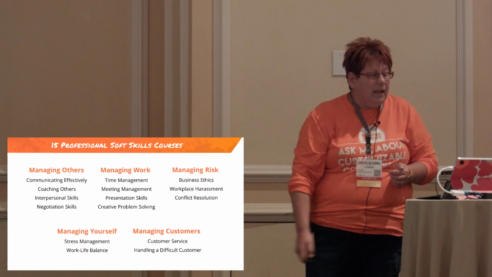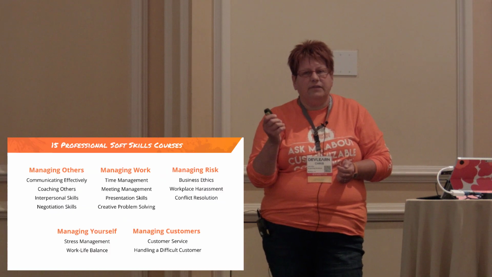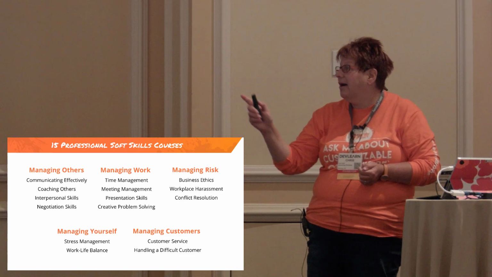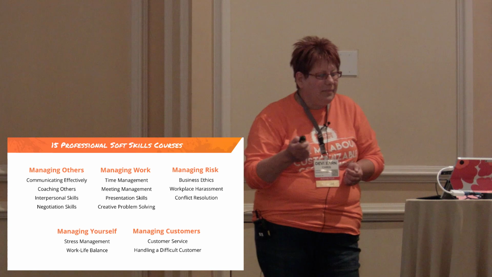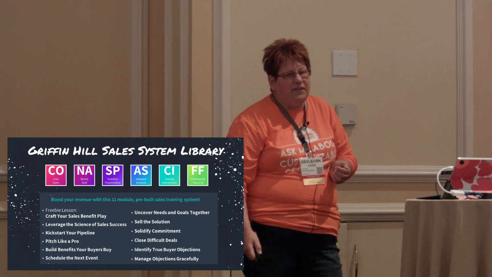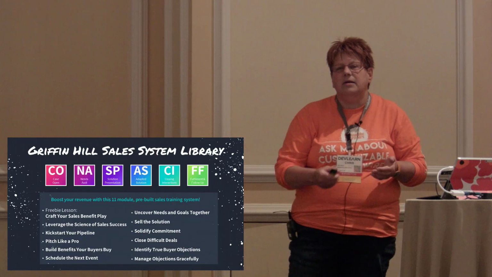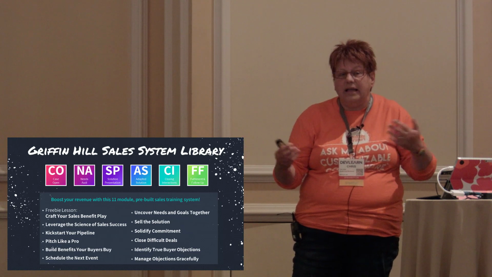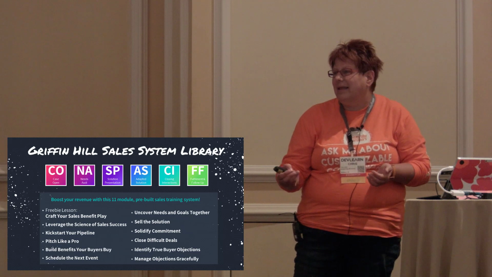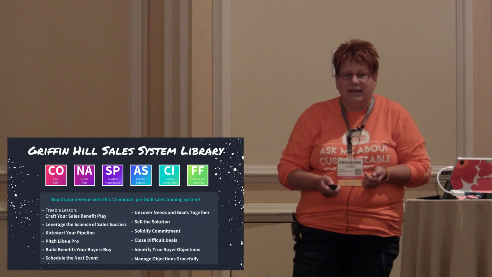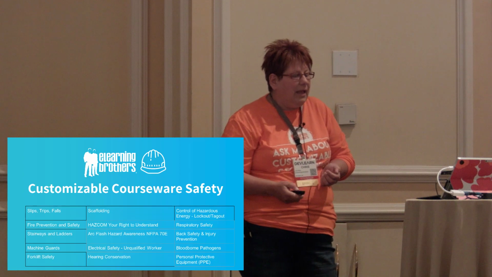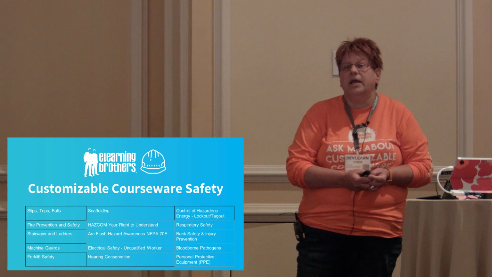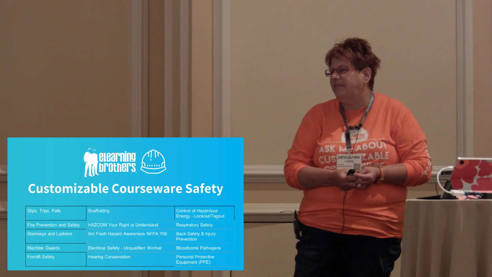The 15 professional soft skills courses in our professional soft skills library, here they are. We have the Griffin Hill Sales System, which is a complete sales curriculum based on science of selling. And we have a customizable courseware safety library, a growing customizable courseware safety library.